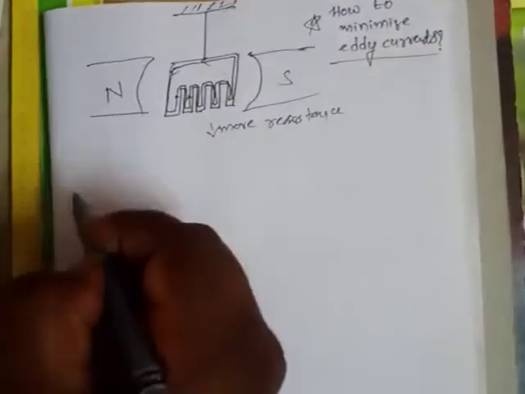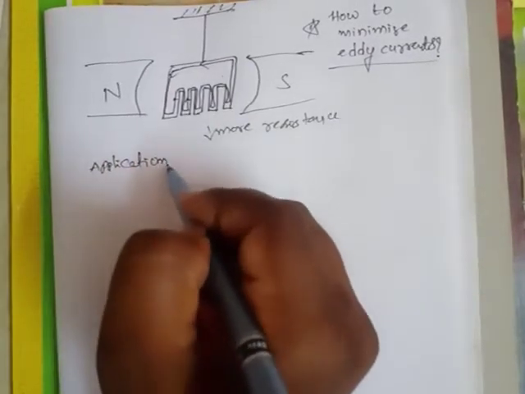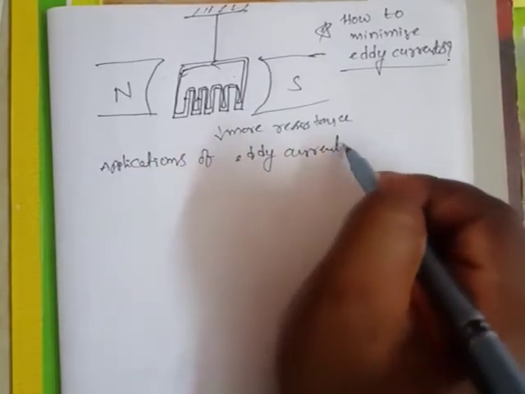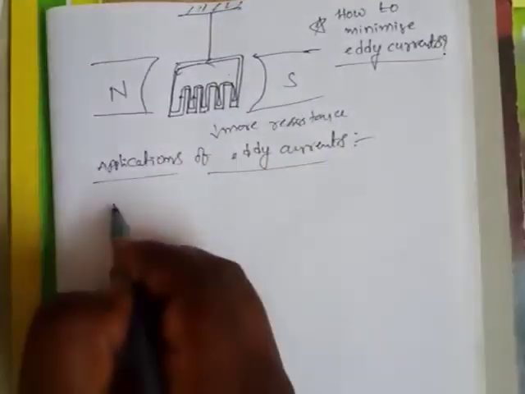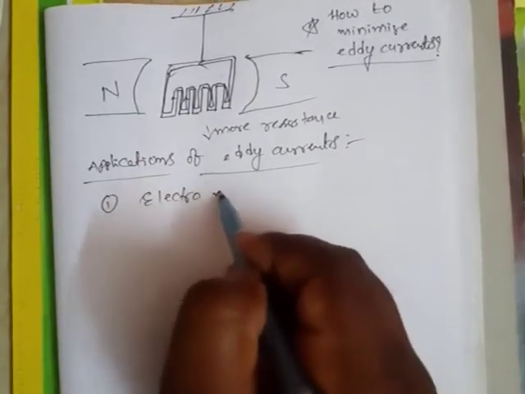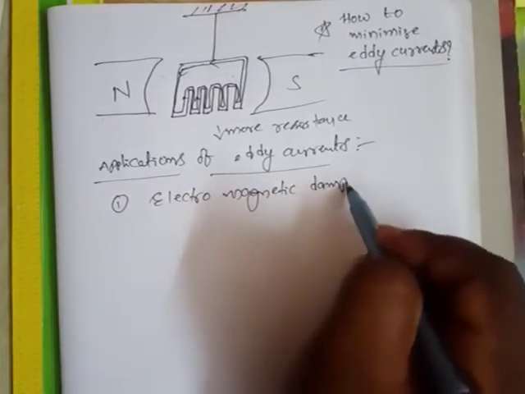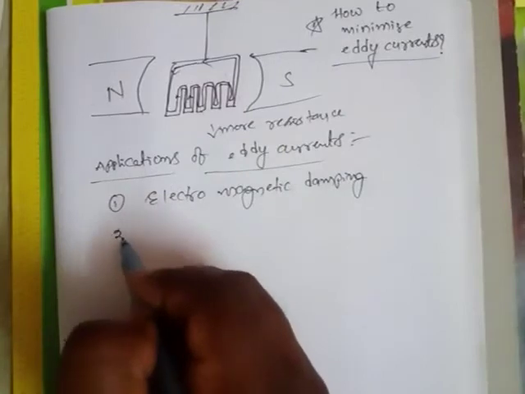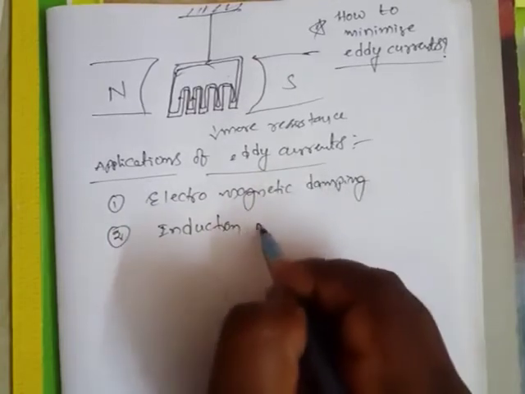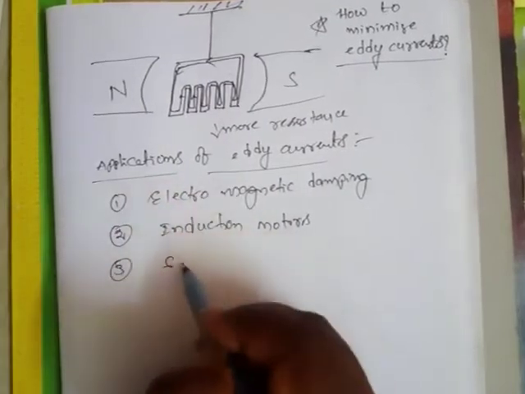Now we'll see the applications. This is also one of the important questions. Applications of eddy currents: first, electromagnetic damping. Second, induction motors. Next, speedometer.